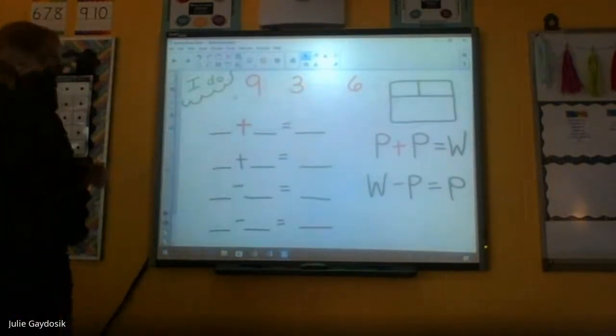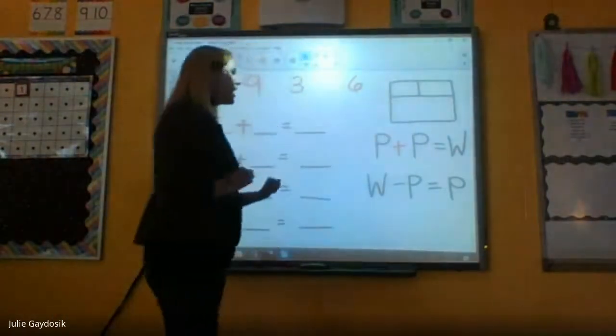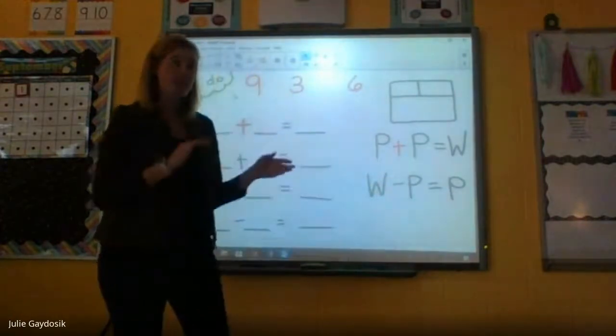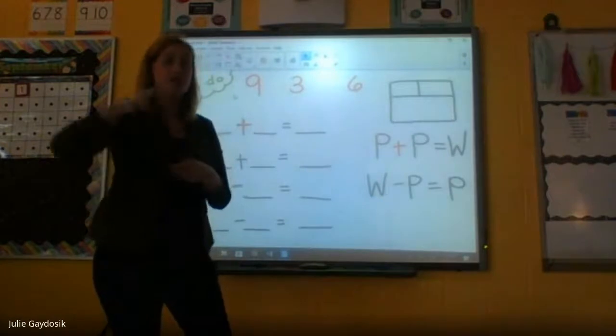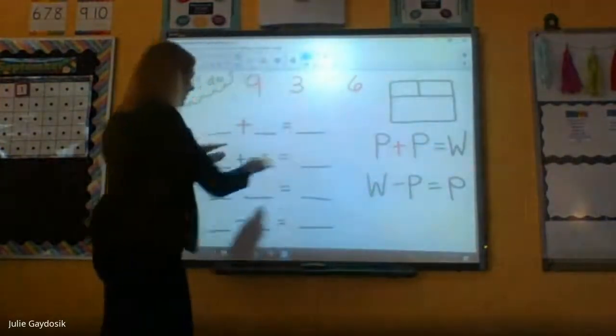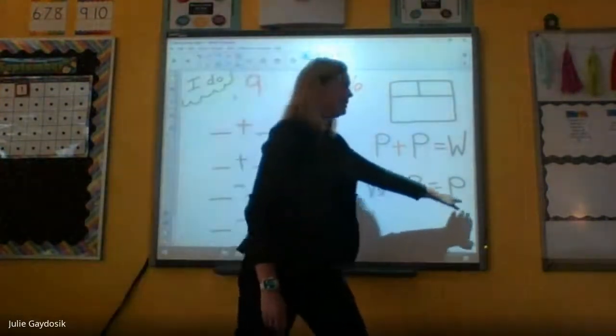Now, as you can see, I already drew my part, whole chart, okay? And I already have my equations here. Remember I told you that yesterday, on a piece of paper, if you needed to while you did your Seesaw activity, you could write down that part plus part equals whole, because it tells you where the numbers are supposed to go. And then whole minus part equals part.